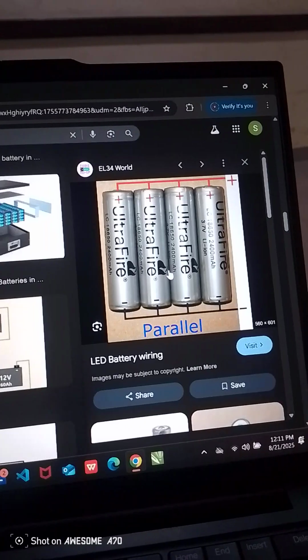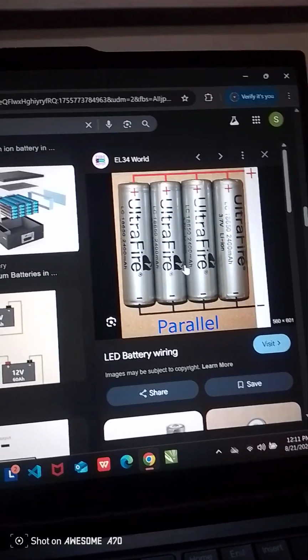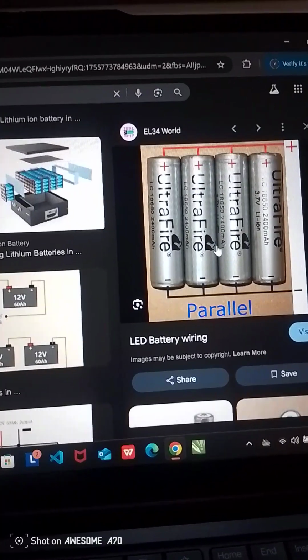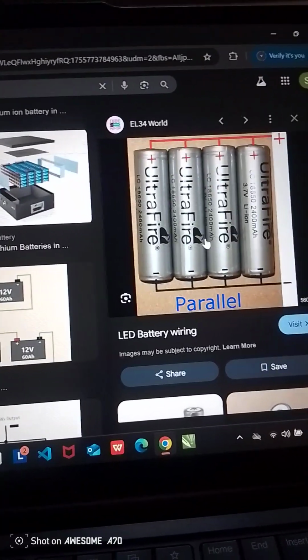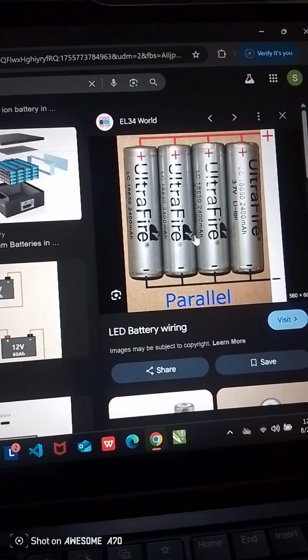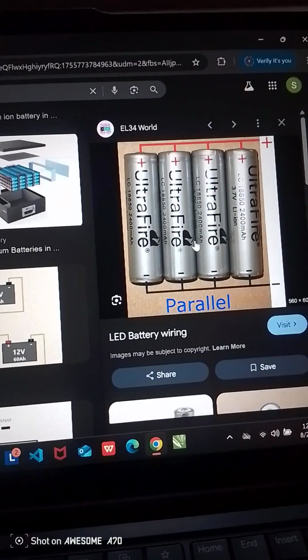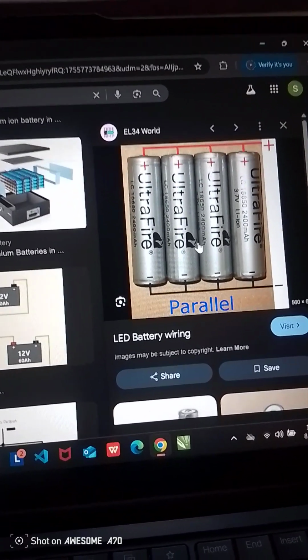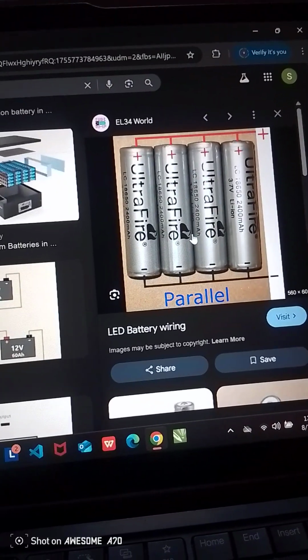This parallel connection, most of the time in our street lights, this is what we see. Street lights are mostly connected like this, in parallel, with 3.6 volts. Most street lights that you see come with this.